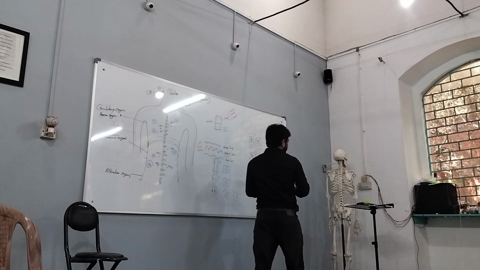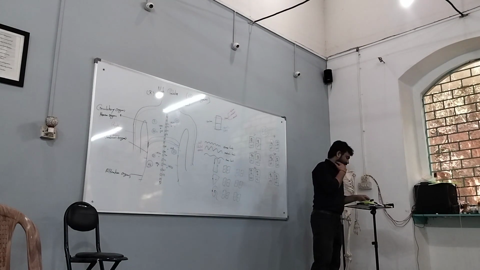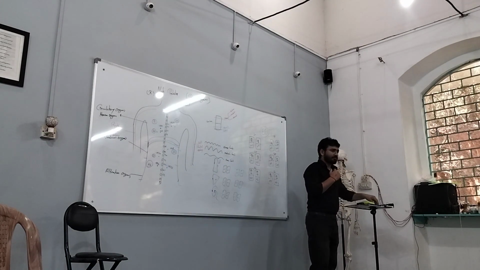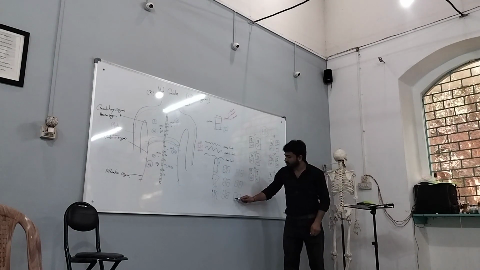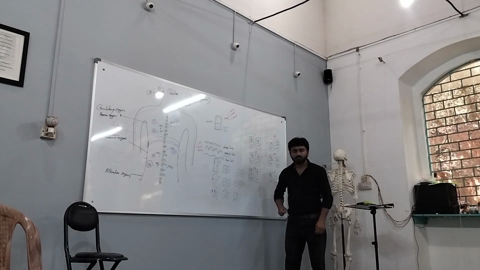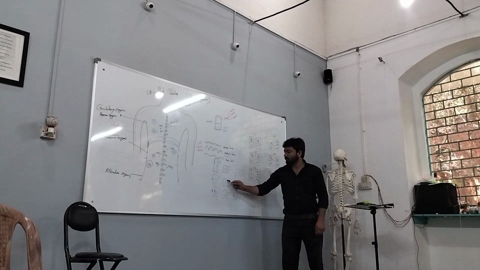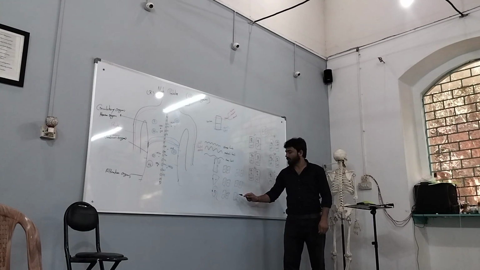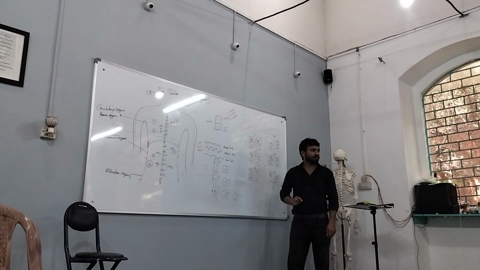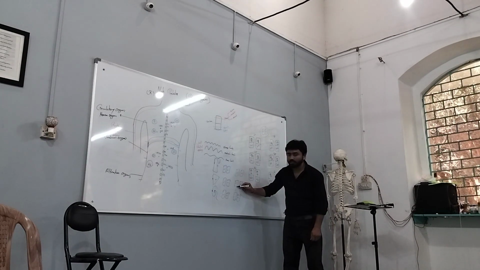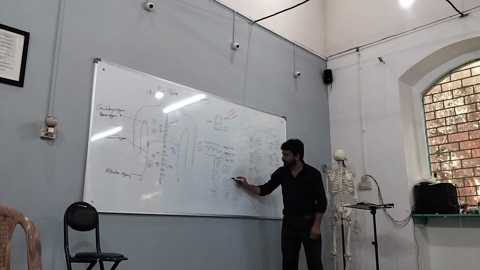For example, one sadist is here. This is the one meso. 2, 3, 4. Okay, vertical, first meso. Horizontal, second meso.